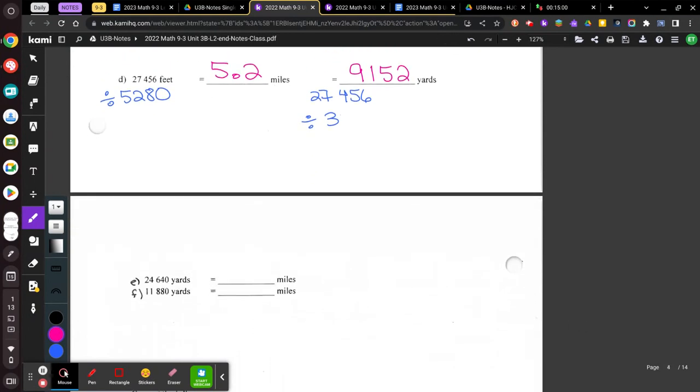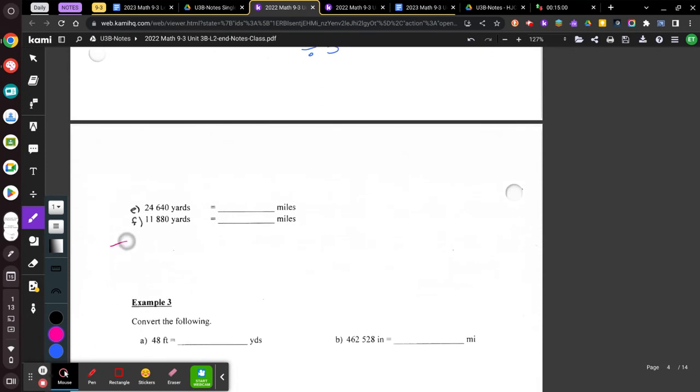Okay, so we have yards to miles. We have two of them that are yards to miles. So if I take a look right here, yards, miles, I get to the number 1760. So yards to miles is going to be dividing by 1760. So we're going to do that to both of those numbers for E and for F. The first one's going to give me 14 exactly.